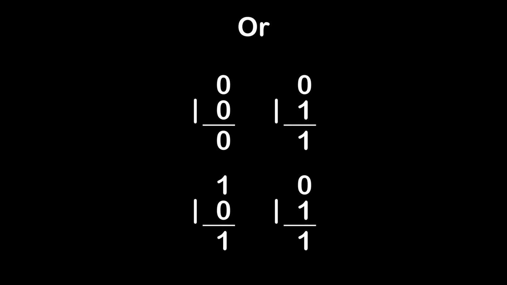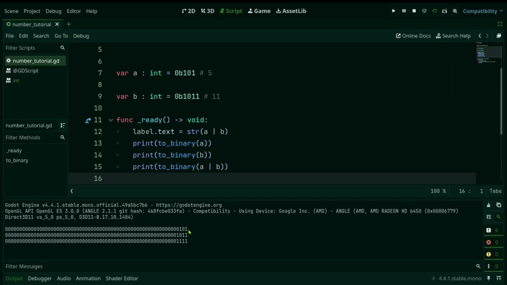The OR operation takes two binary digits, and if both are 0, it returns 0, else it returns 1. The operator works on every column separately, so we have 1 or 1, 1, 0 or 1, 1, 1 or 0, 1, 0, 1 gives 1. And the rest are 0 or 0, so we get 0.